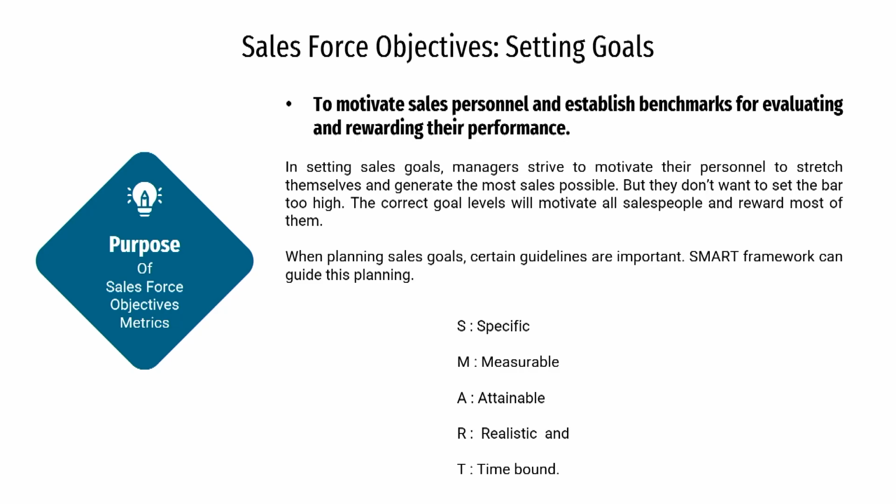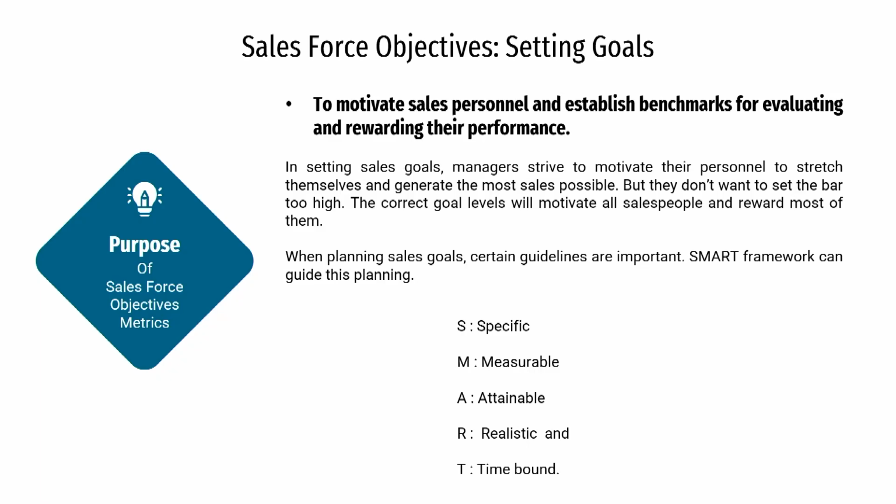What is the intention, what is the objective function of the manager here? To make more sales. But they do not want to set the bar too high or too low, because we know if it is too high, demotivation will be there. If it is too low, then also there will be no further motivation. The correct goal levels will motivate all the salespeople and reward most of them.